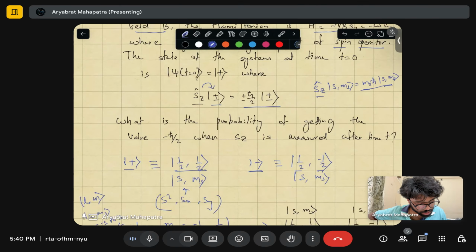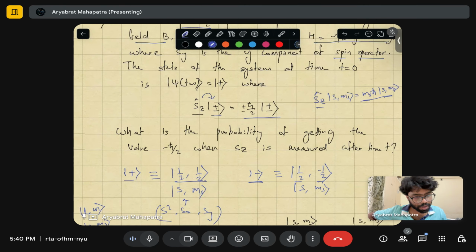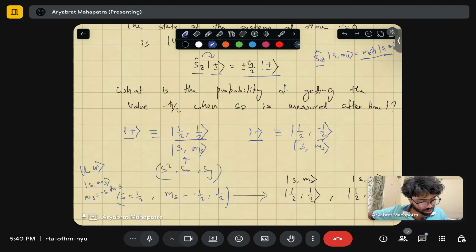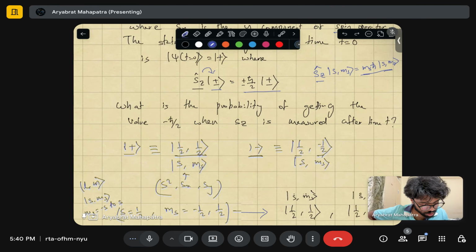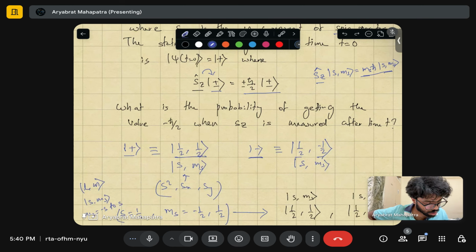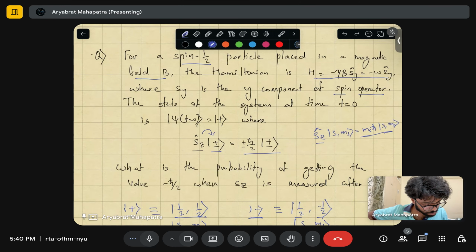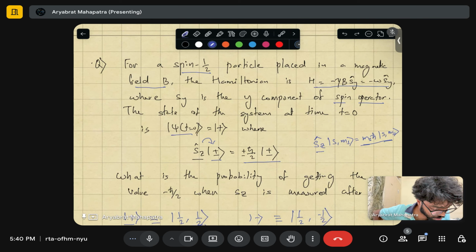Initially, when you measured the z component of the spin operator for the given spin-half particle, you found the particle either in this state or in this state. But then you have to calculate the probability of getting minus h bar by 2 when Sz is measured after time t. At t equals 0, the particle was in the plus state.